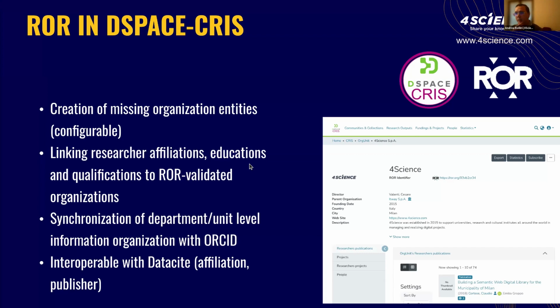Let's quickly explain the additional benefits that you can get from ROR with DSpace-CRIS. DSpace-CRIS allows you to easily create entities, in this case organization units, during submission of related content.